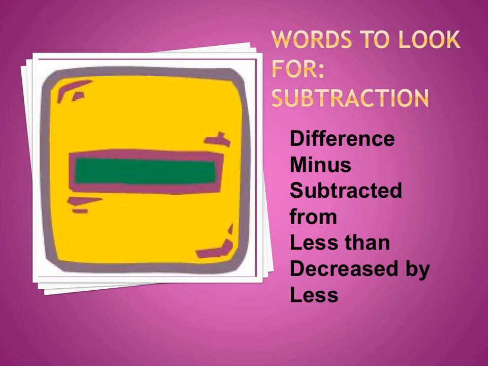Words to look out for when you are subtracting. All right, so you have difference. You have minus. You have subtracted from. Okay? Now, the one that I want to highlight to you is the one less than. Okay? All right, now, the reason that I'm highlighting it to you is when you use the word less than, you actually have to flip the order of when you write it, okay?